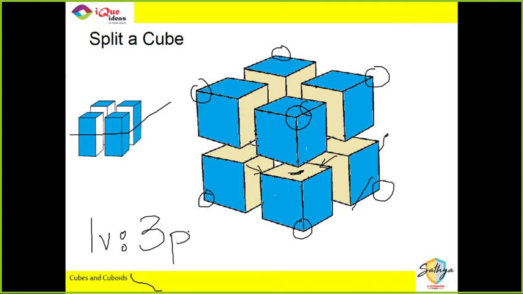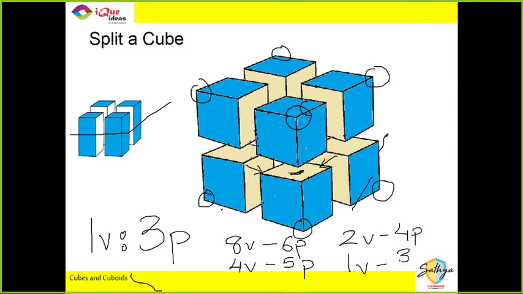So guys, अभी तक हमने क्या देखा, if 8 vertices that means 6 painted, 4 vertices means 5 painted, 2 vertices means 4 painted, and 1 vertex means 3 painted. ये तो वर्टाइस के साथ कनेक्शन हो गया कि ओरिजिनल वर्टाइस वाले टुकड़ों में तो ये काउंटिंग होगा. Are we together so far?